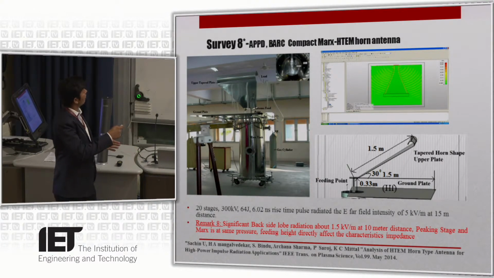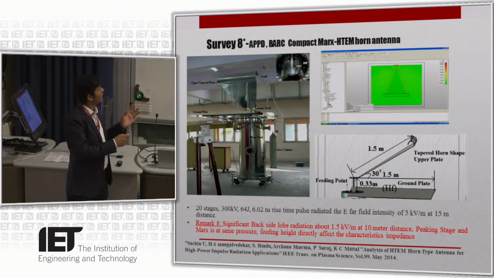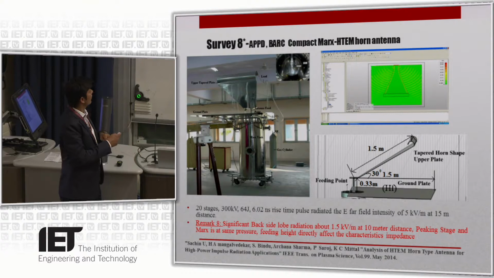So we modified this peaking stage, isolating the pressure arrangement. There is one knob for the pressure arrangement and another knob for the tank arrangement. This newly developed compact peaking stage can handle about 14 kg per square centimeter pressure, and we also tested it with hydrogen gas and many different gases.